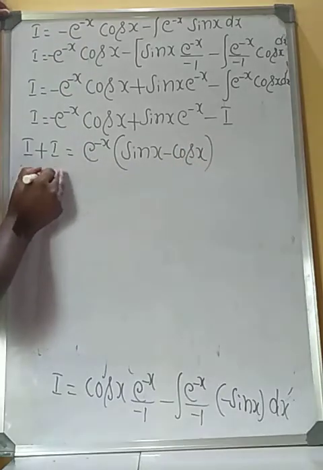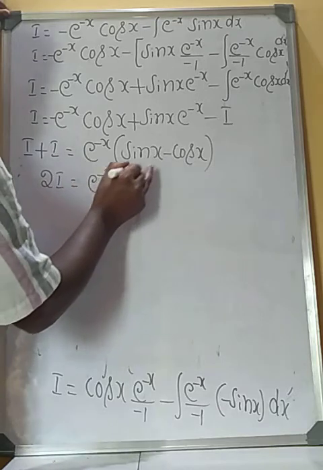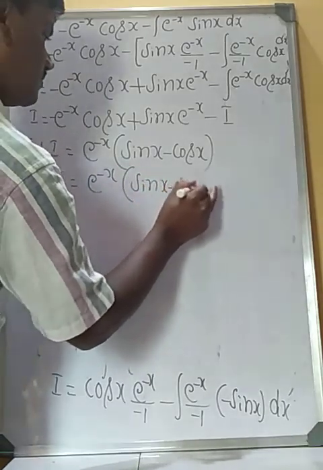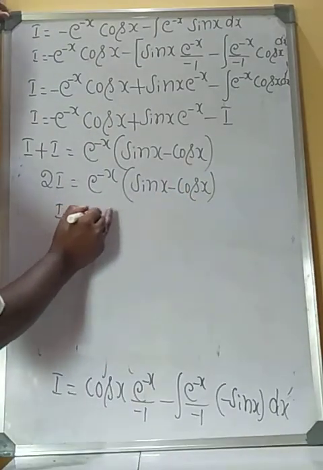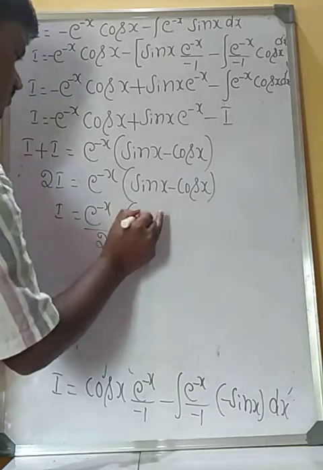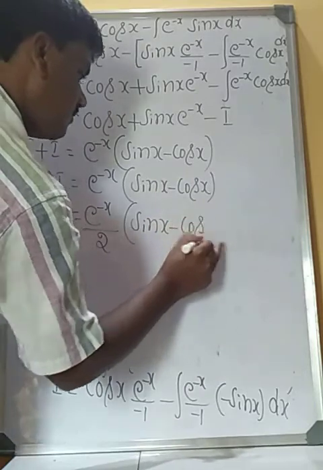So therefore, 2I is equal to e power minus x into sin x minus cos x. Therefore, I is equal to e power minus x by 2 into sin x minus cos x.